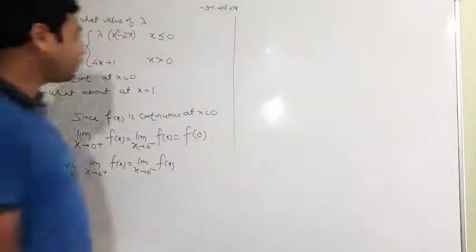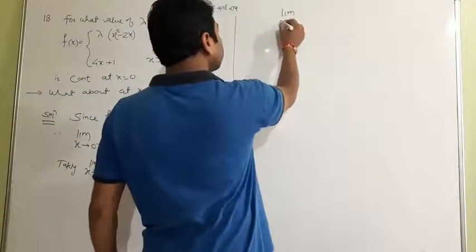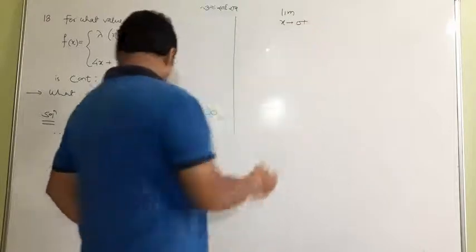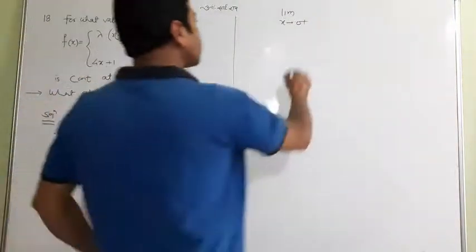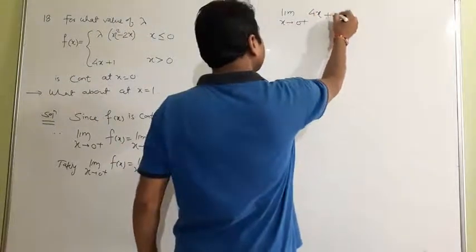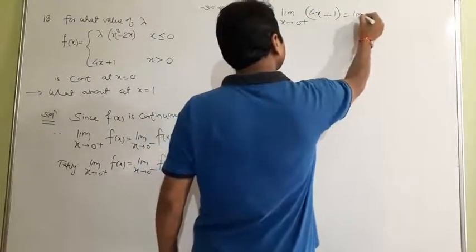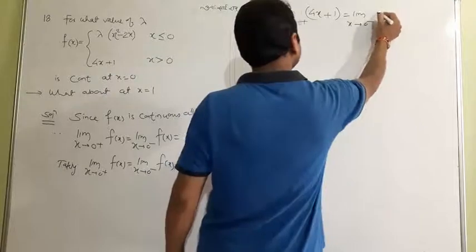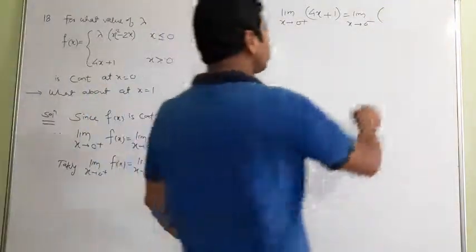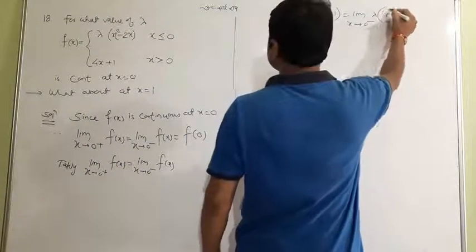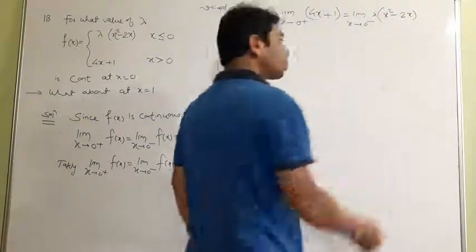Now I'll go with this. Look at limit x tends to 0 plus of the function, x greater than 0, which is 4x plus 1, equal to limit x tends to 0 minus of the function. What function will be chosen? X less than 0, meaning lambda into x square minus 2x. Very interesting it is.